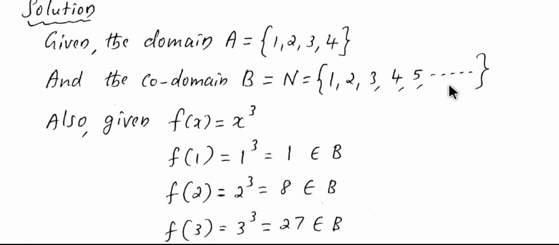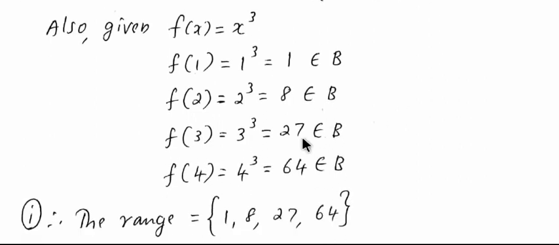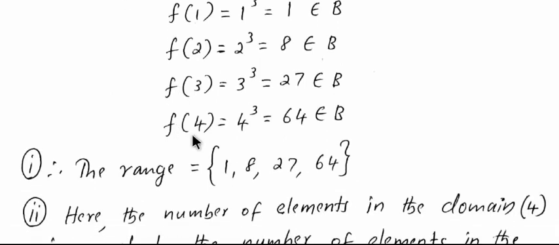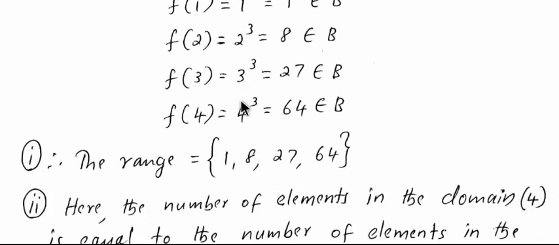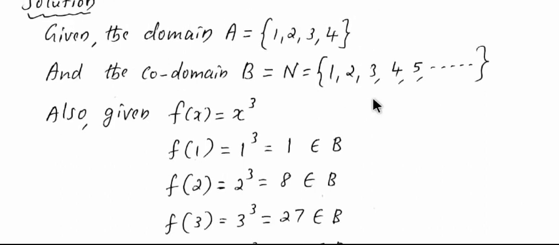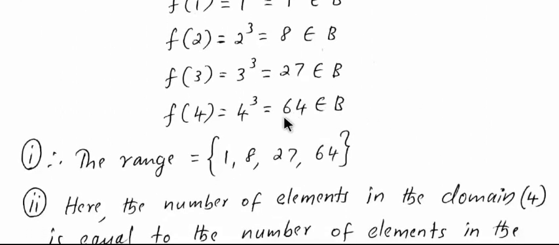Therefore we can say 27 belongs to the second set B. Then the next value, x equal to 4. Substitute x equal to 4: 4 cube is nothing but 64. 64 also belongs to this second set B. Therefore we can say 64 belongs to B.